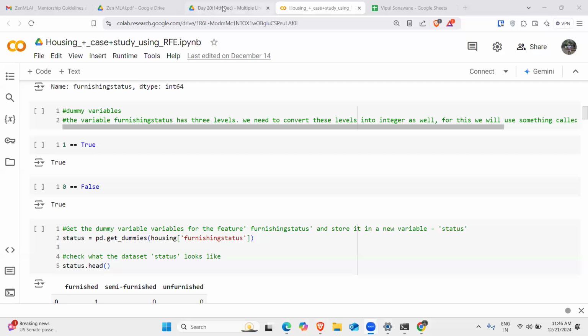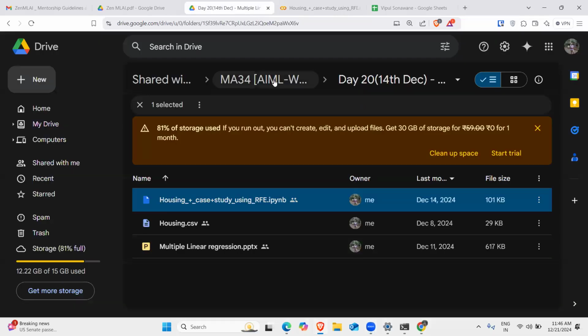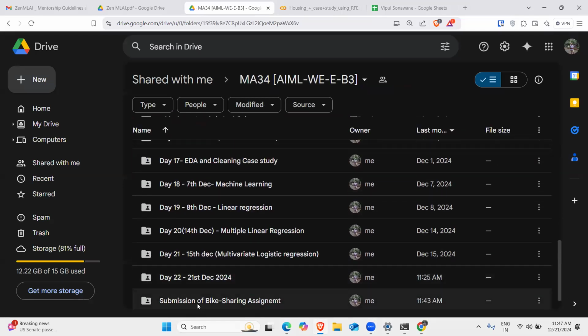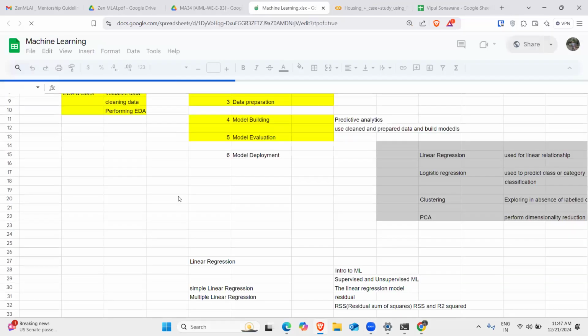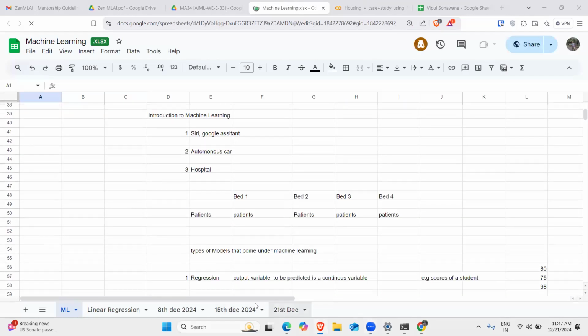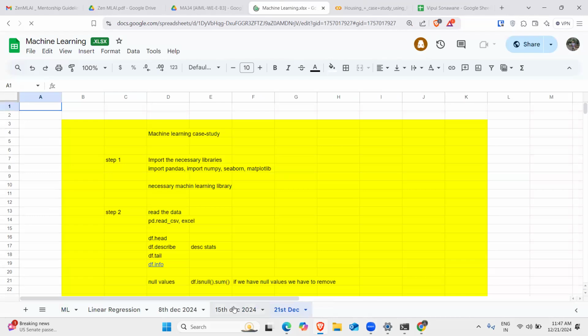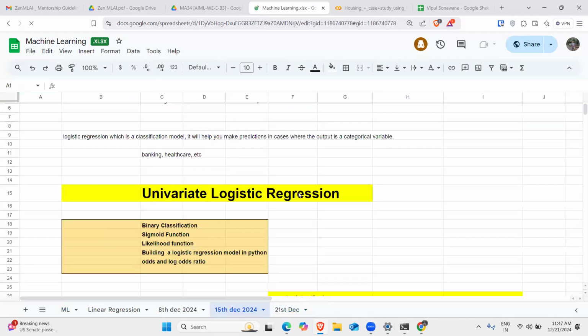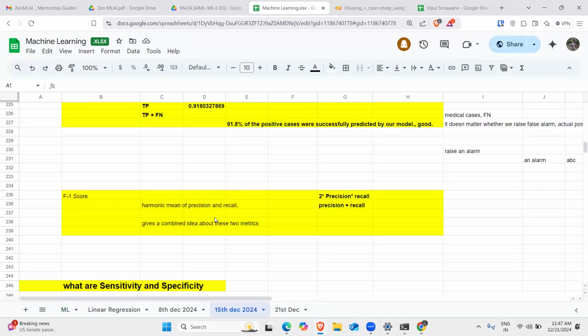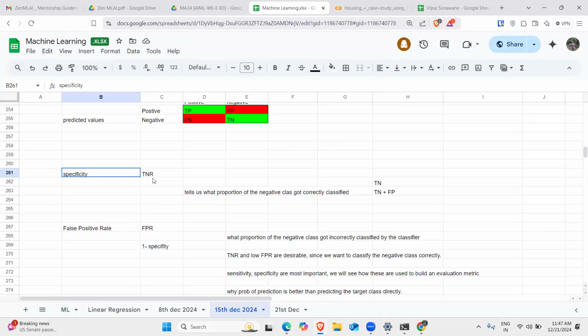Is sensitivity another name for recall? I think we have discussed this point, right, Darshini? Just a minute. This is what we have discussed today, right? In that, we have seen the sensitivity.